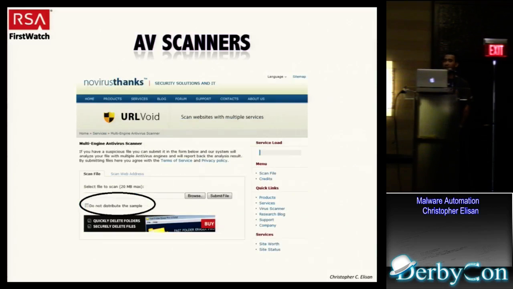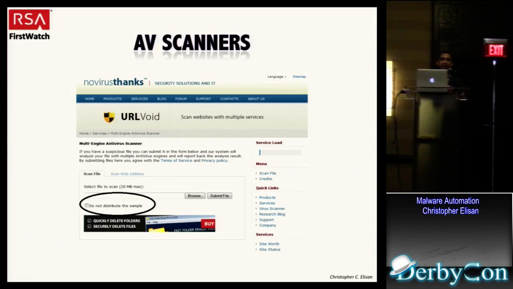Now let's say you're a script kiddie, you don't have enough money. You can always use online virus scanners like VirusTotal, VirScan, and NoVirusThanks. Now, NoVirusThanks became popular with attackers because it has the option there that says, do not distribute the sample.